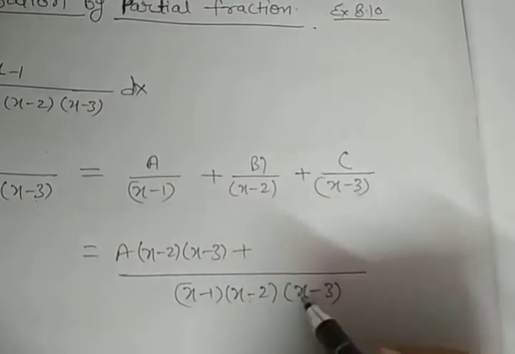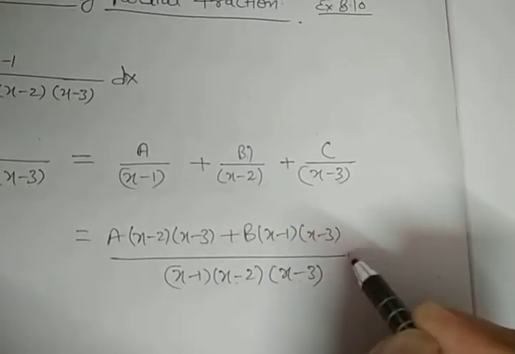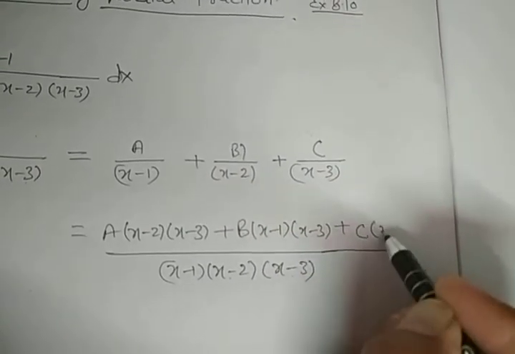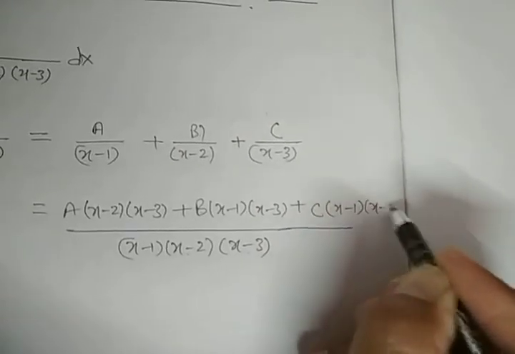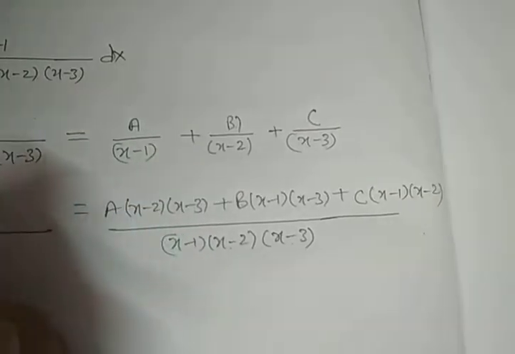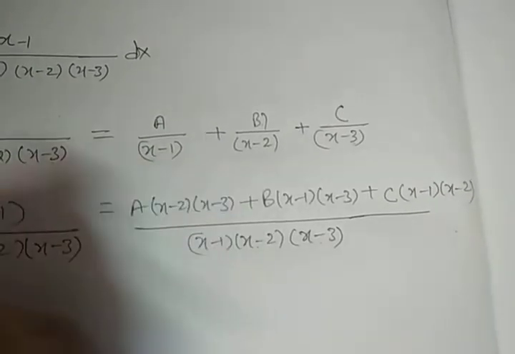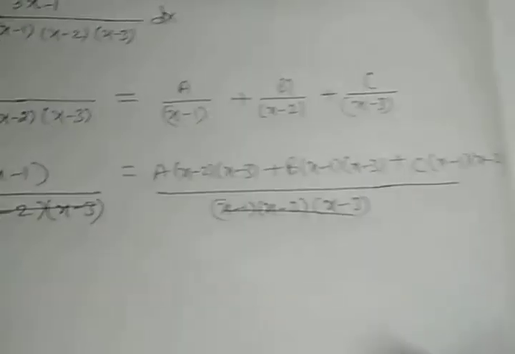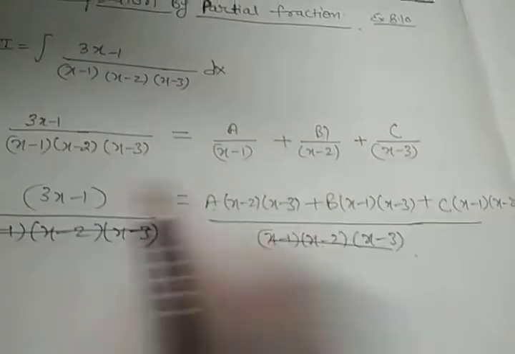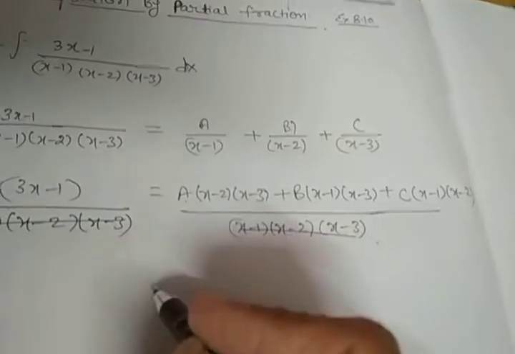Similarly, dividing the LCM by the second factor, B into (x minus 1)(x minus 3), plus C into (x minus 1)(x minus 2). This is equal to (3x minus 1) upon (x minus 1)(x minus 2)(x minus 3). Now the denominator from both sides will be cancelled. Now we will compare the coefficients on both sides and we will get the values of the constants A, B and C.